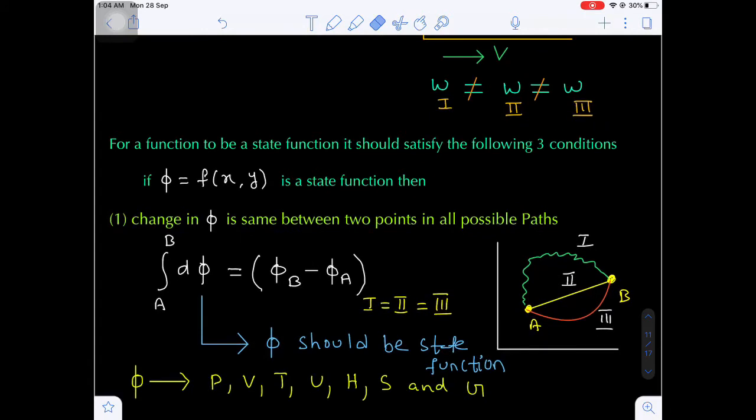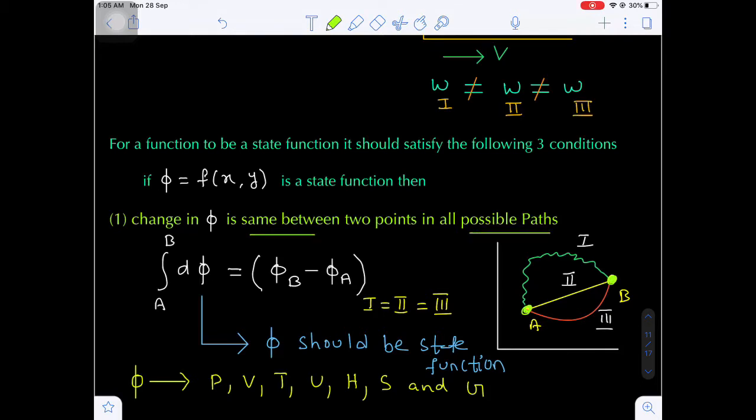Now the first condition: the change in phi should be the same between any 2 points in all possible paths. Let's suppose I am taking point A and point B. These are the 2 points. In between these 2 points, the change in the state function value should remain the same, irrespective of the path.